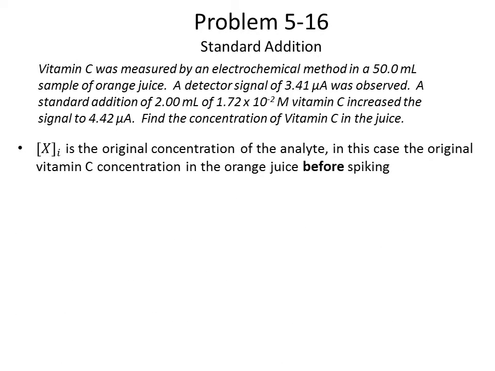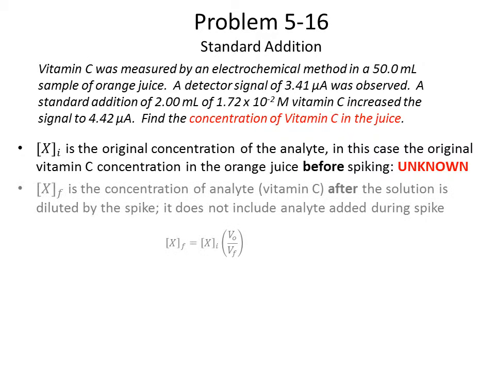So we said Xi is the original concentration of the analyte, in this case the original vitamin C concentration in the orange juice before spiking. This value is unknown. This is what we are trying to determine, the concentration of vitamin C in the orange juice before any spiking occurs. Xf is the concentration of the analyte, vitamin C, after the solution is diluted by the spike.